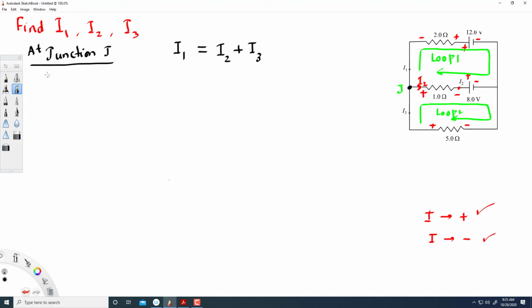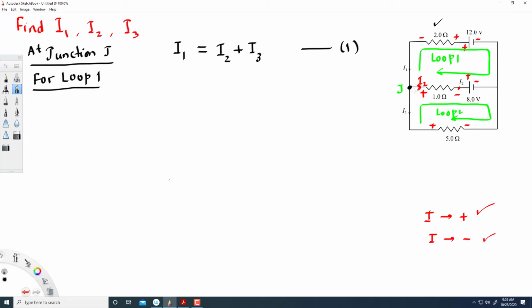Let's call this equation 1. Next is the loop rule for loop 1. Start with any component. Let's start with this resistor. We are going in the clockwise direction, so this way, clockwise.